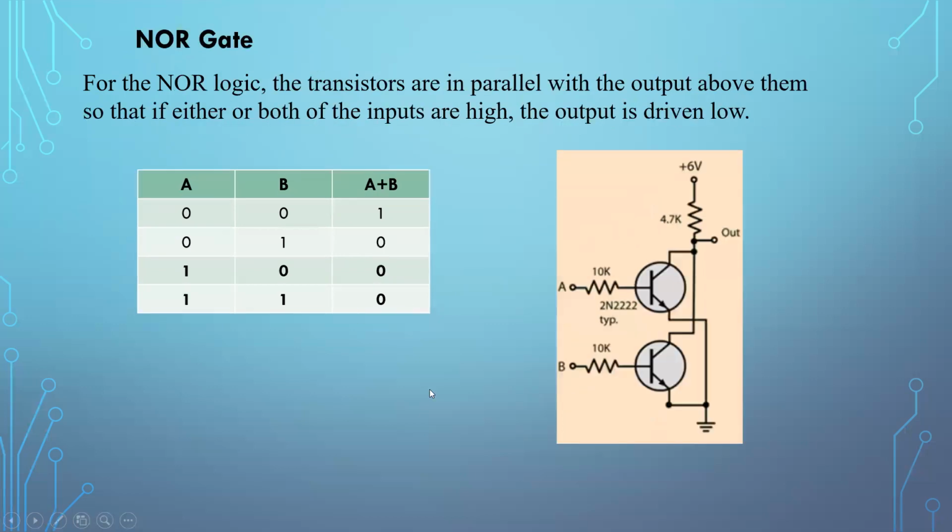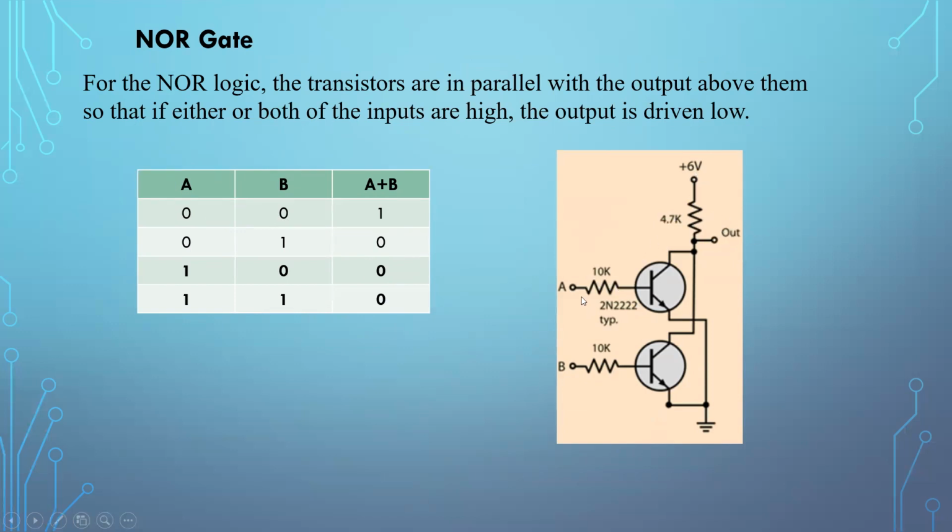Lastly, we have a NOR gate. For the NOR gate, the circuit is the same as the OR gate, only we take the output at the top. NOR is the opposite of the OR gate. You get high only when both entries are 0. If both entries are 0, no current will flow, and this voltage will come exactly here without drop, so you get high.